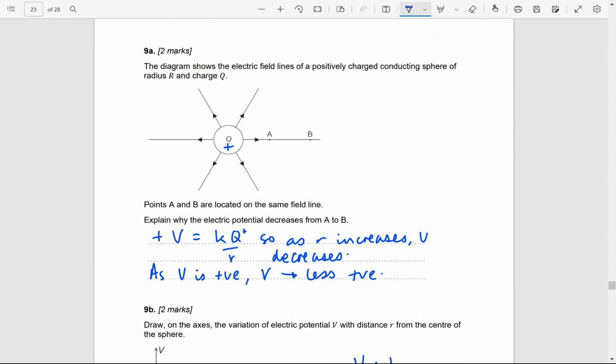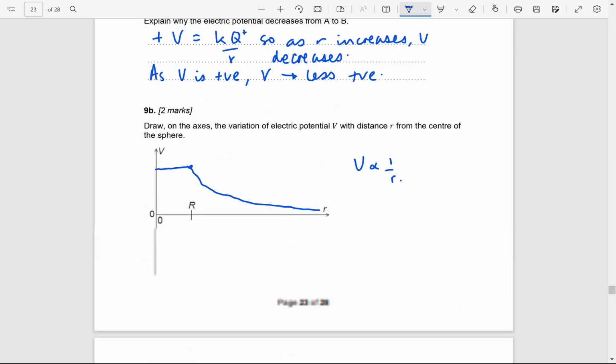I'm scribbling my pen again. A is 5 times 10 to the minus 2, and B is at 1.01 times 10 to the minus 1.